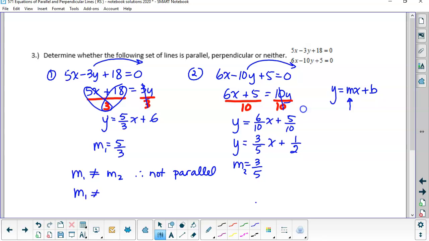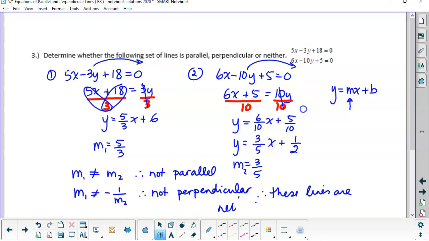M1 is not equal to the negative reciprocal of M2, so therefore not perpendicular. Okay, so therefore these lines are neither parallel nor perpendicular.